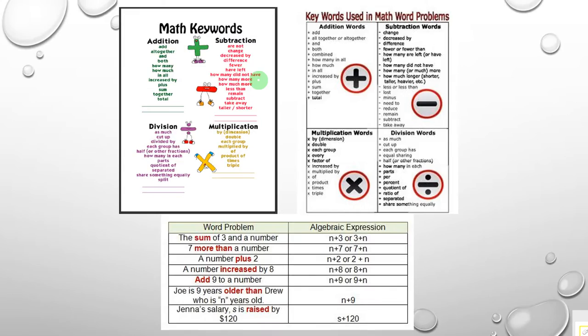So, the first thing we're going to talk about is keywords. Now, there's all kinds of keywords, and I'm not going to say that they're all going to jump right out in front of you. They usually don't, but some of them do. A good example is "is."